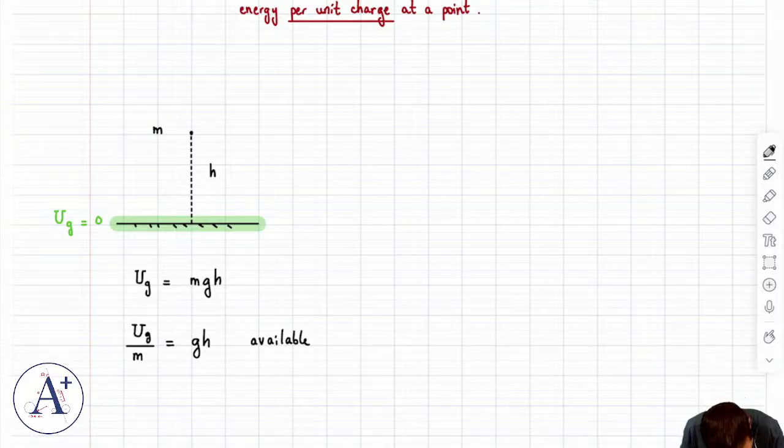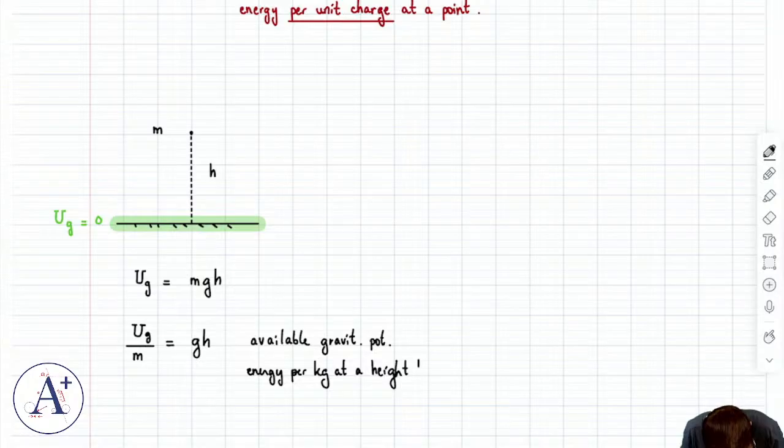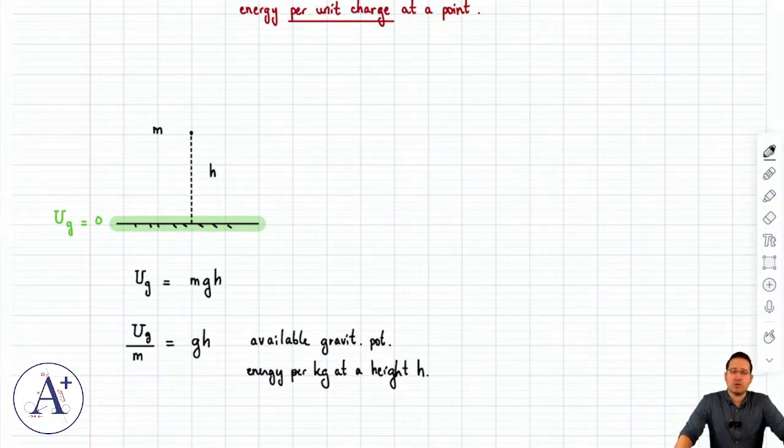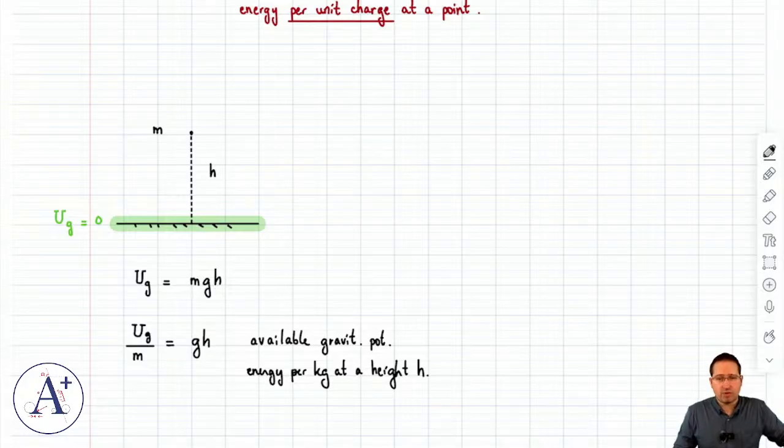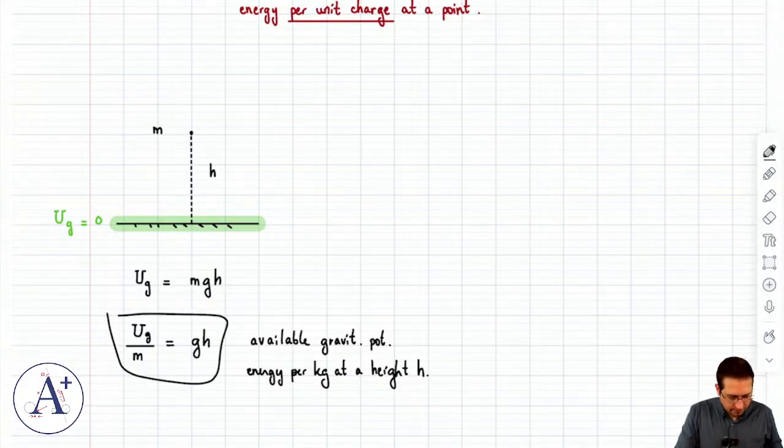But this is the available gravitational potential energy per kilogram at a height h. So if this is 100 joules per kilogram and you put a 5 kilogram mass here, you have 500 joules of potential energy. So we could have introduced this in mechanics, we just didn't.